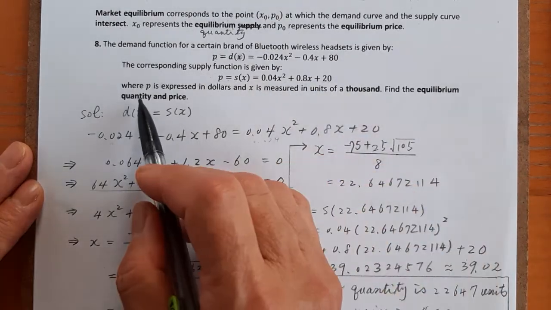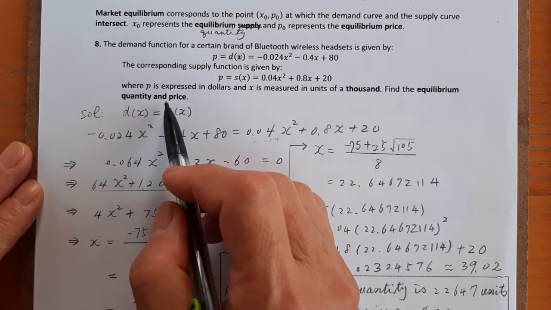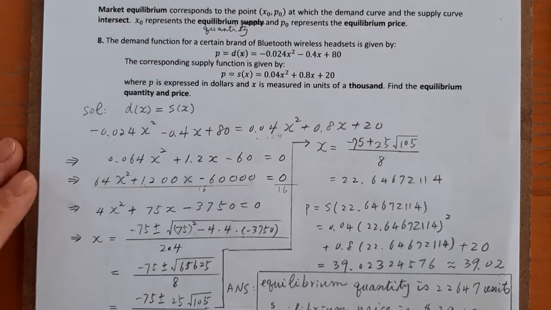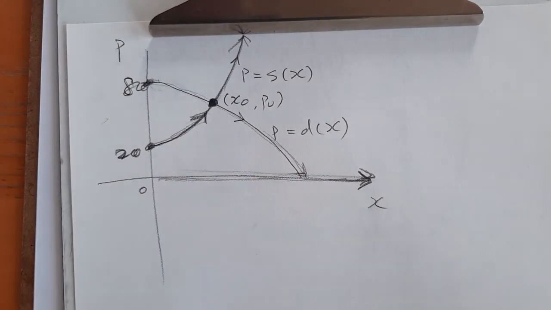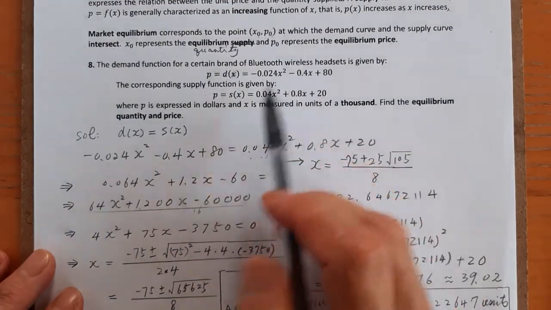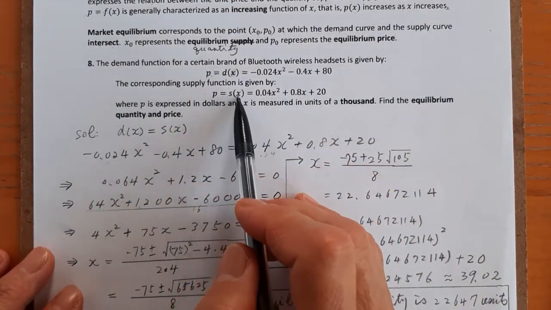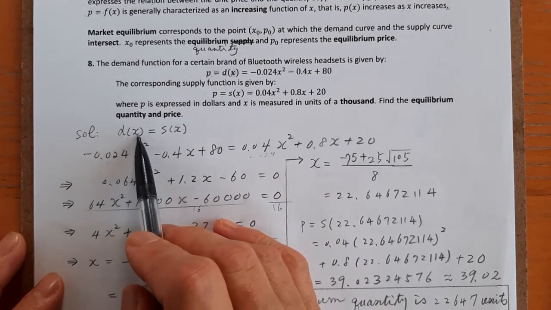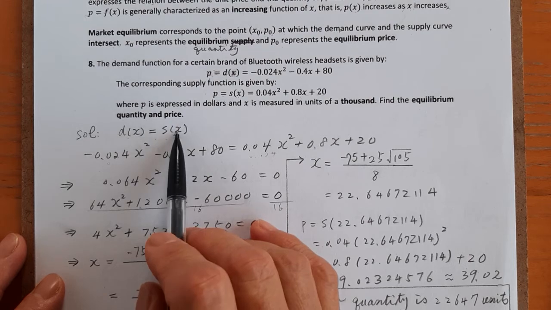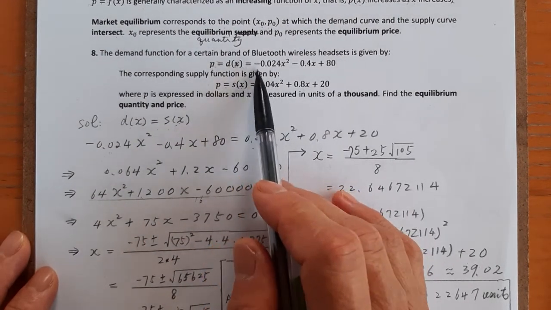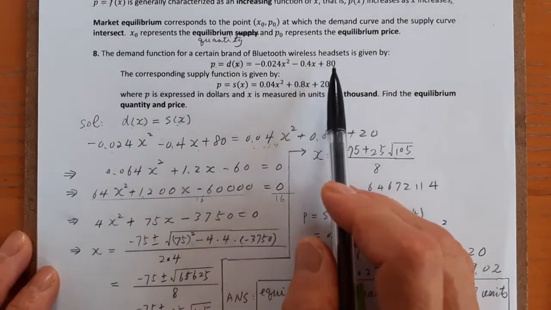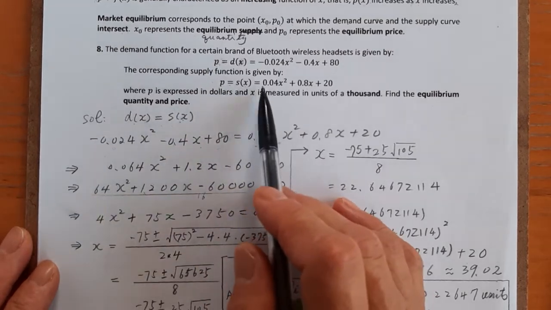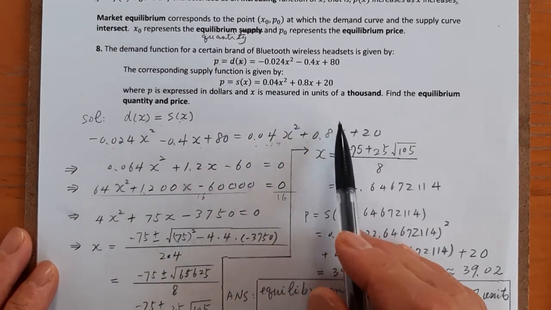Find the equilibrium quantity, which is X, and the price, which is P. At equilibrium, at the intersection point, the prices are equal, so D of X equals S of X. D of X is negative 0.024x squared minus 0.4x plus 80, and S of X is 0.04x squared plus 0.8x plus 20.